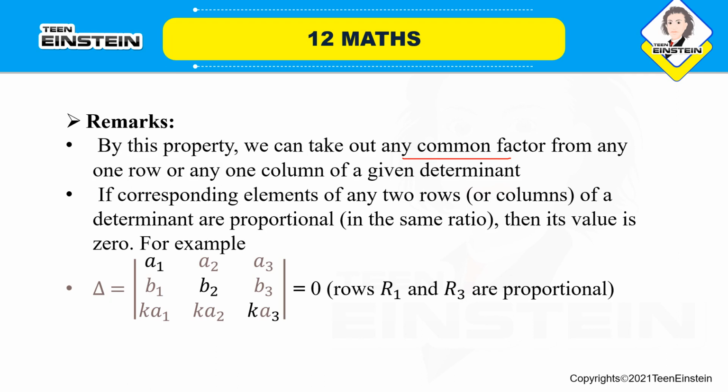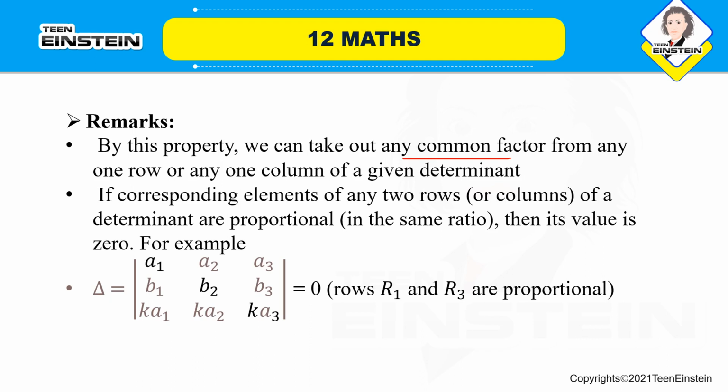Then the second point is, if corresponding elements of any two rows or any two columns of a determinant are proportional, in the sense they are in the same ratio, then the value of the determinant is 0. So what is the first point? Using property 4, we can take the common factor outside from any one row or any one column of a given determinant.